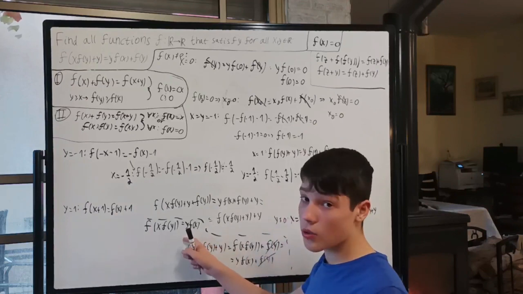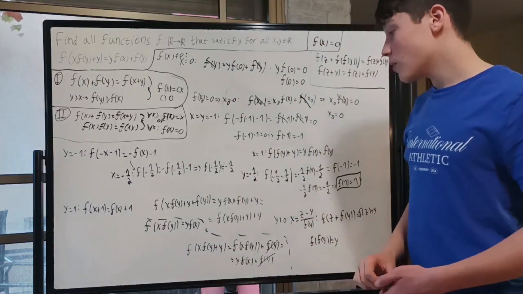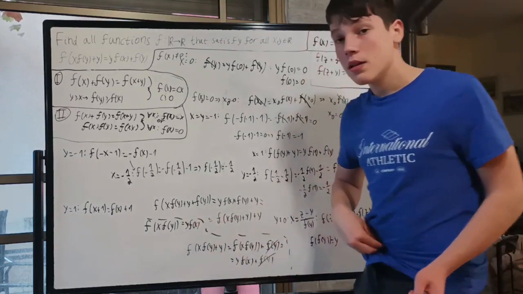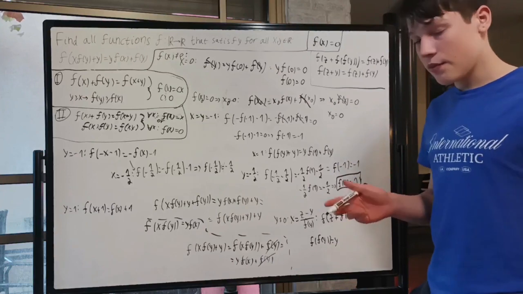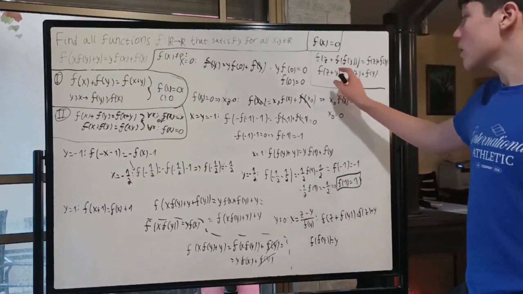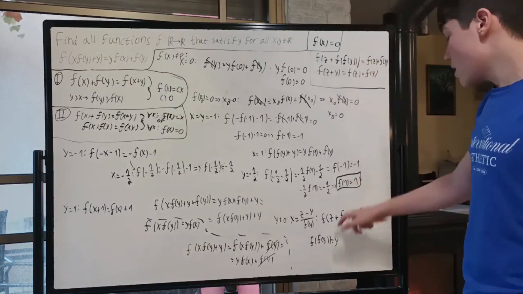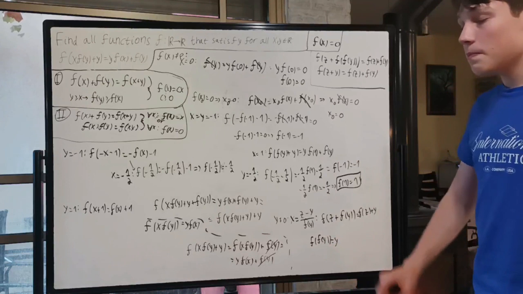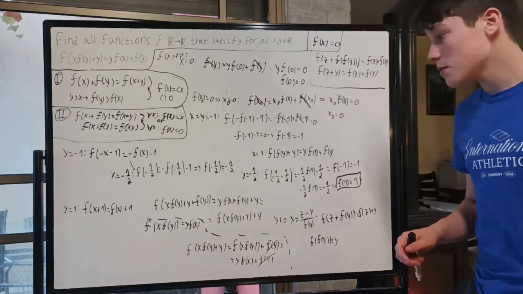Now this is very close to the function being multiplicative. If we would have swapped y and f of y, then that would have been exactly said that the function is multiplicative. We can use the same trick we used here, or from here to here, replacing y with f of y, and we know f of y is y, so that basically just swaps the two in any equation you want.